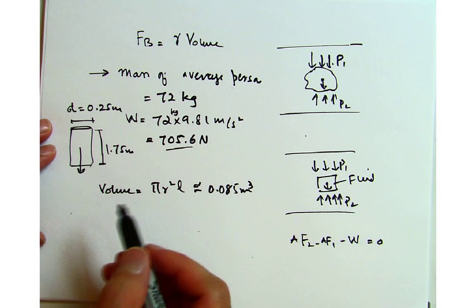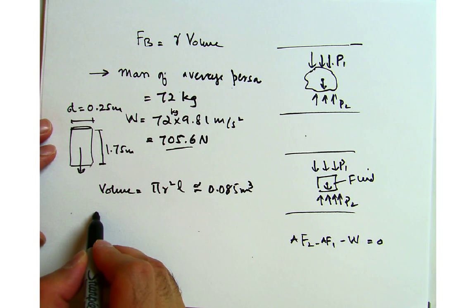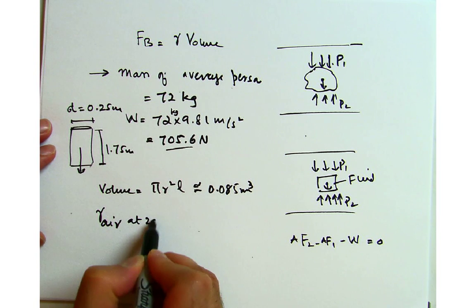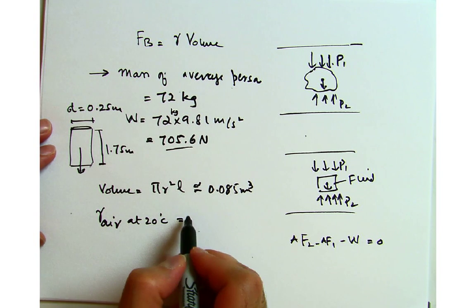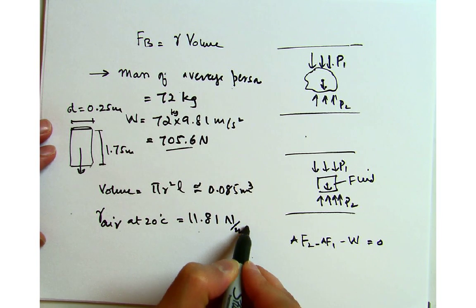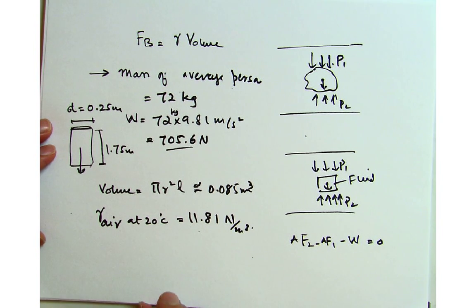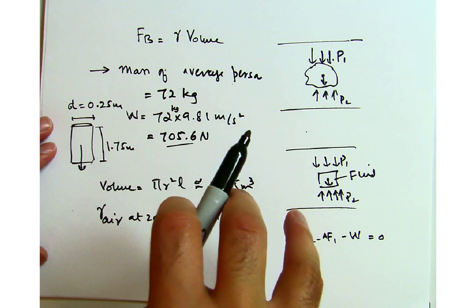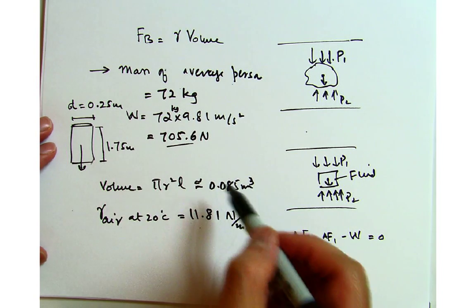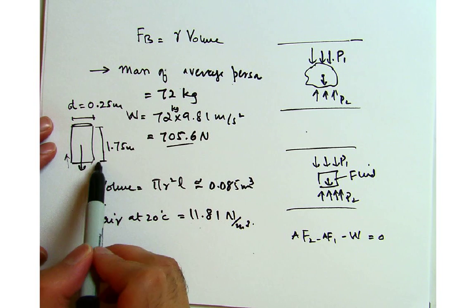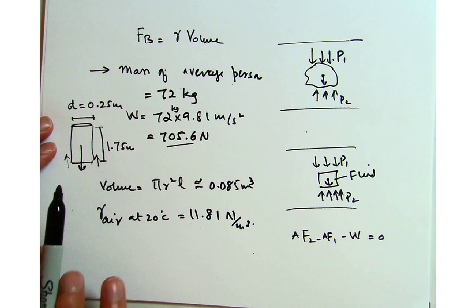And in air, I can take the gamma of the air at 20 degrees equals 11.81 Newton per meter cube. So if I look at the buoyant force acting, if the person is standing in the air, even though the weight is pushing him down, at the same time there will be some buoyant force pushing him up.